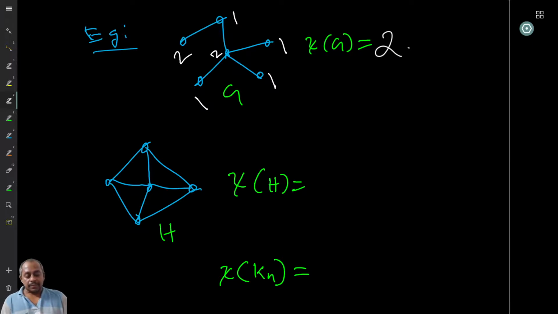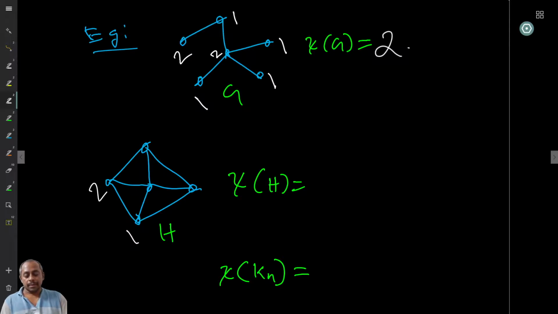Now what about this graph? So the graph H, what is the chromatic number? Well, we can try using some method. Let's say that I start with color 1 here. Now I can color this with color 2.